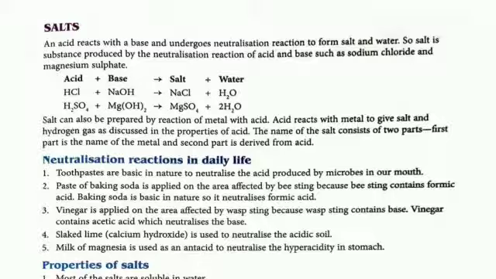In acid HCl, the first part is H, the second part is Cl. So in the formation of salt, we take the first part of base, here Na, and the second part of acid. Look, here the second part of acid is Cl.